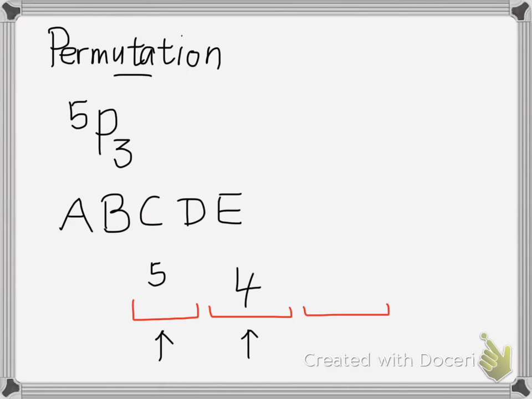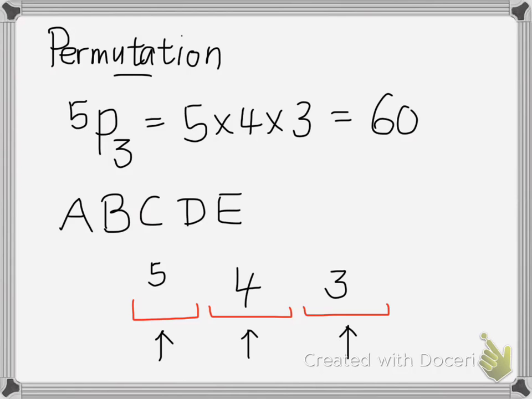And after you choose one and put it inside, for the third one you only have 3. So this is 5 times 4 times 3, which is 60. So you write this as 5p3.